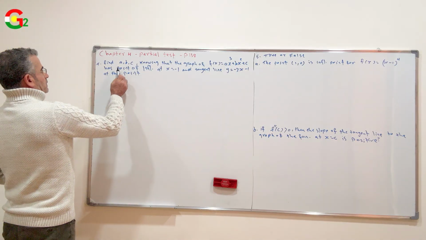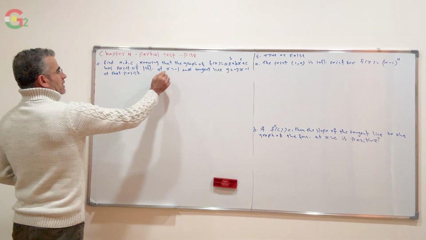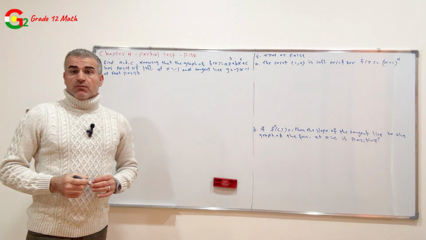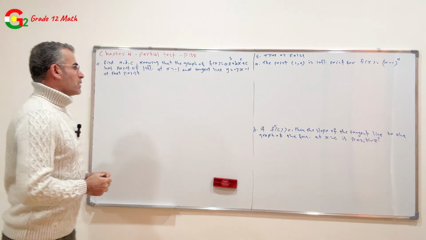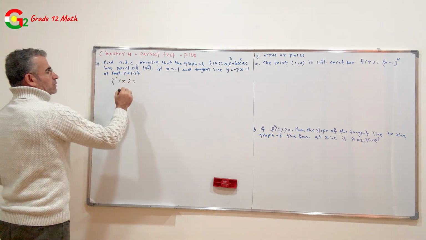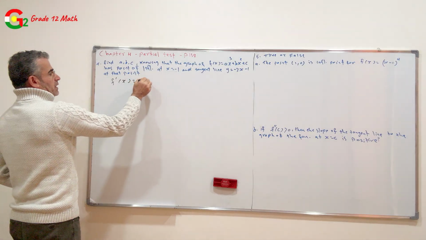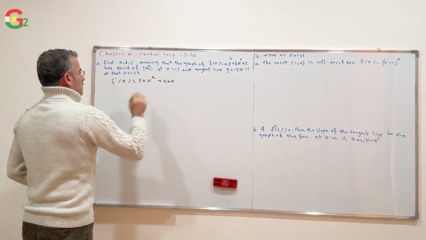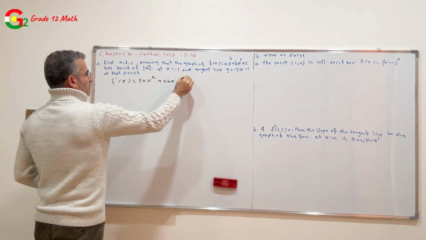Since the function has a point of inflection at x equals -1, then f double prime of -1 is 0.